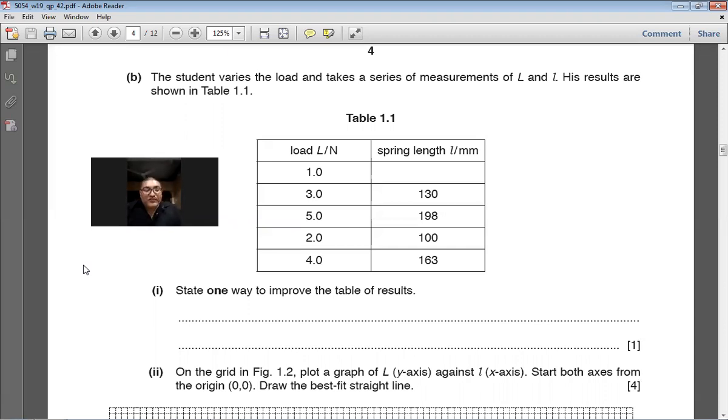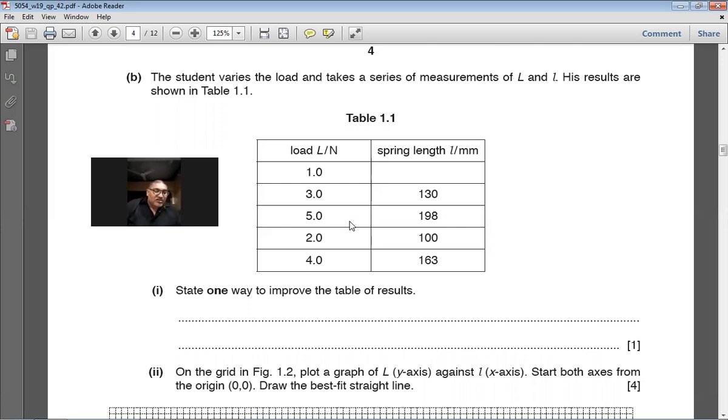State one way to improve the table of results. If you look at this table carefully, here is 1 Newton load, then 3 Newton, then 5 Newton, then 2 Newton, then 4 Newton. So one thing you will notice is that the load is not in the correct order. They can place the loads in proper ascending order: 1 Newton, then 2 Newton, then 3 Newton, then 4 Newton, and then 5 Newton. That will make more sense.